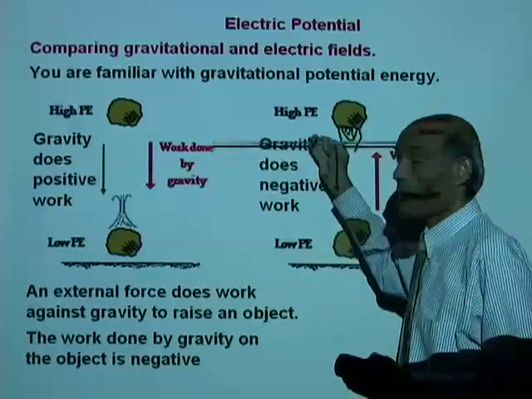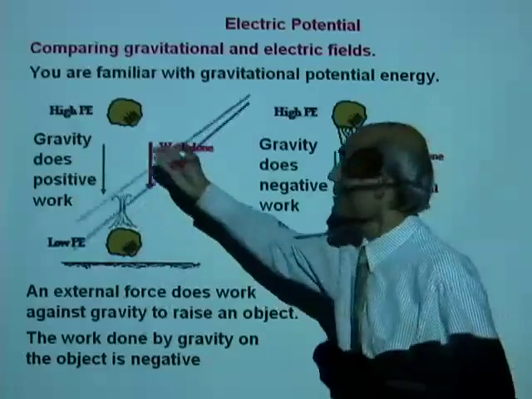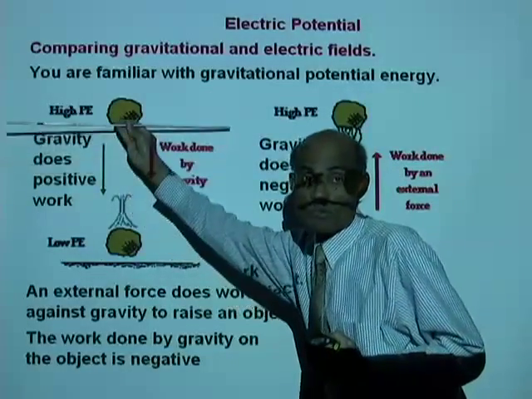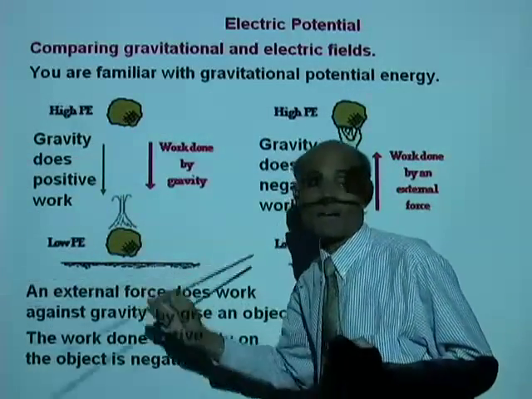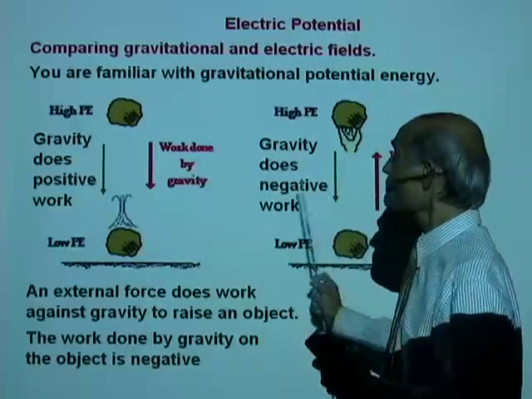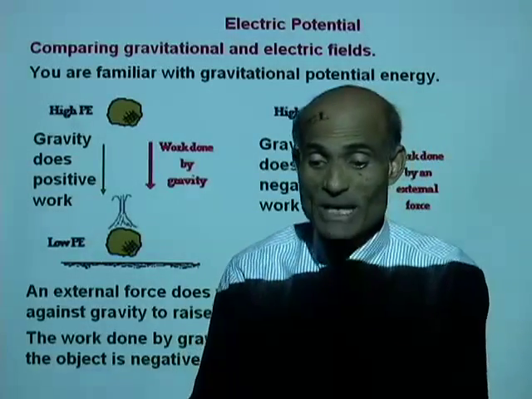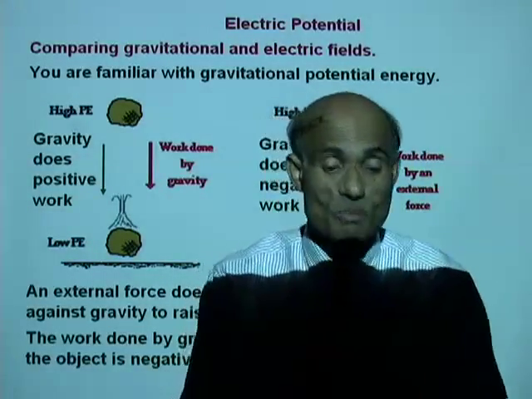While raising the object, the work done by gravity is negative. While the object falls back, the work done by gravity is positive. So what is the total work done when the object is raised through that closed path?